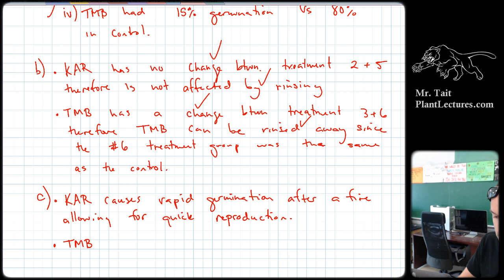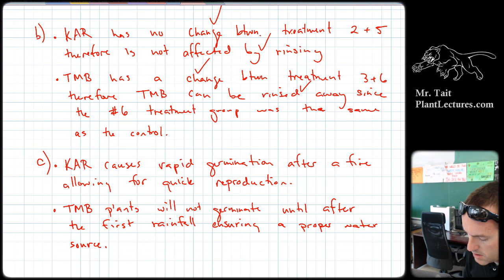Ensuring a proper water source. Something like that. Okay? So this is 2 points for that. So 4 points for the first one, 4 points for the second one, 2 points for the third one.